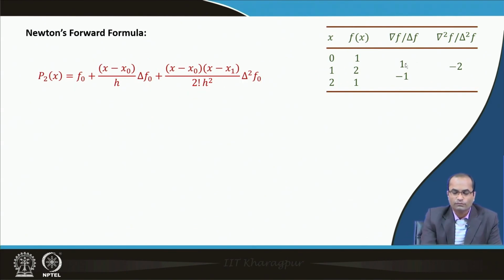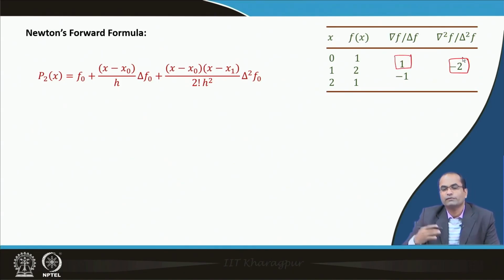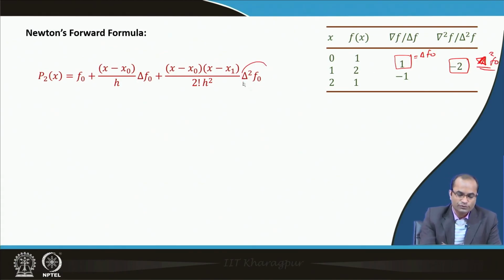In the forward formula, I remember, we are going to use the first values in the table. So, this is exactly delta f 0 and delta square f 0.